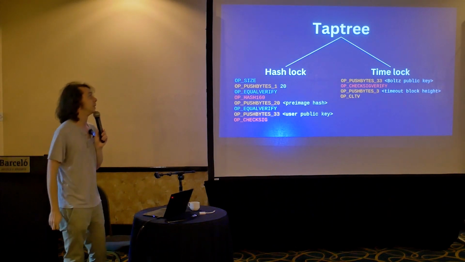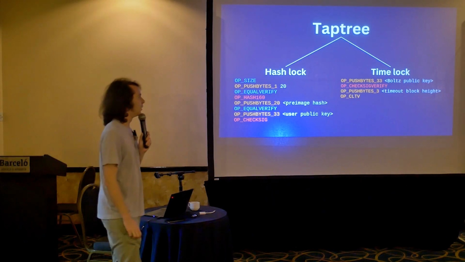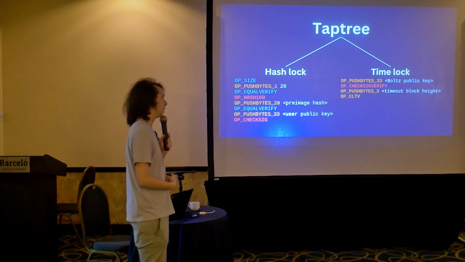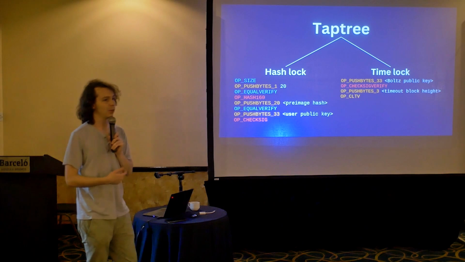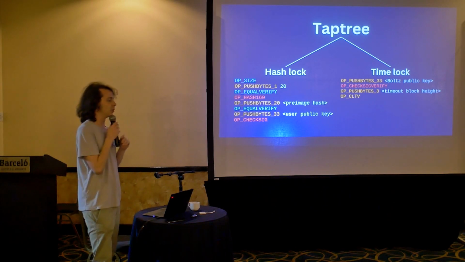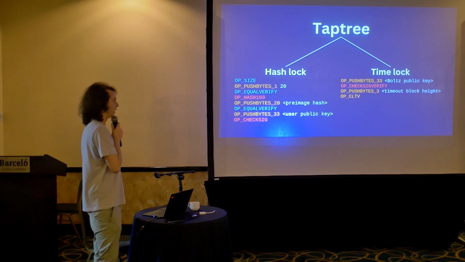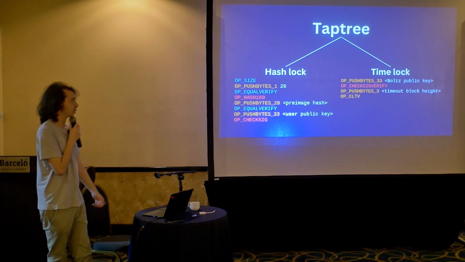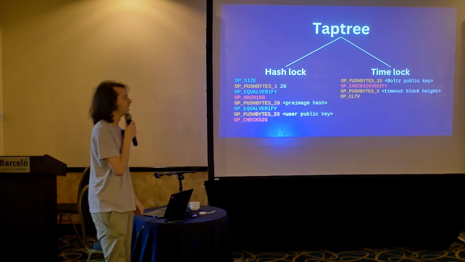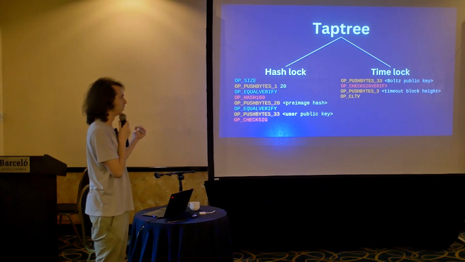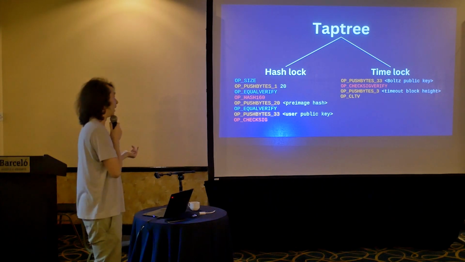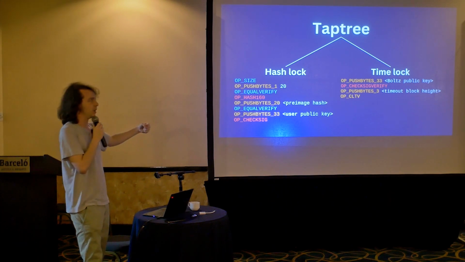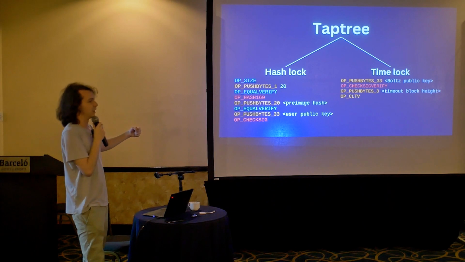And the other cool thing we did is that in case we and the user don't agree, we still have to have the script in there to be able to force the coins to the destination where they are supposed to be. So we still have to have the script. But instead of having the whole script and an if and else path, we rip them apart into two different pieces and build a tree out of them.